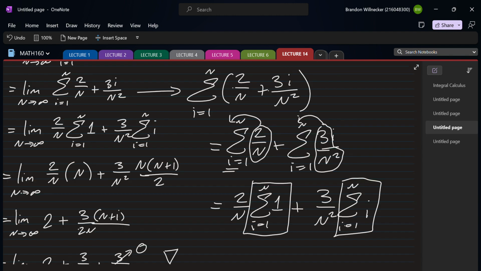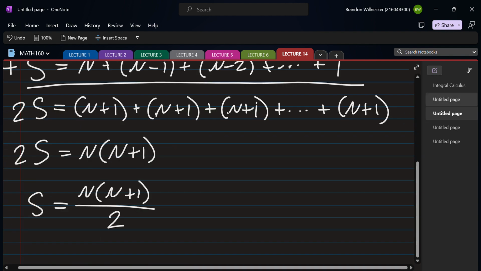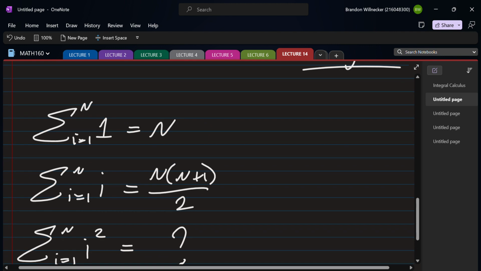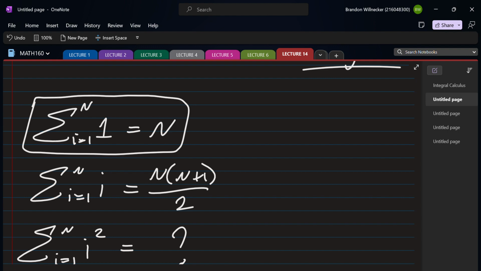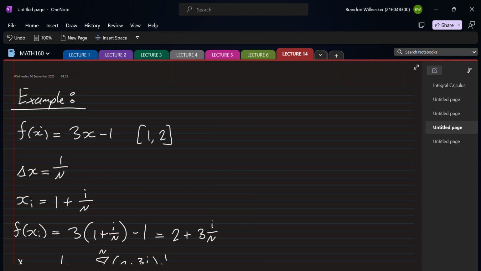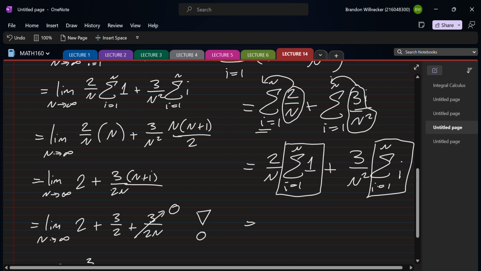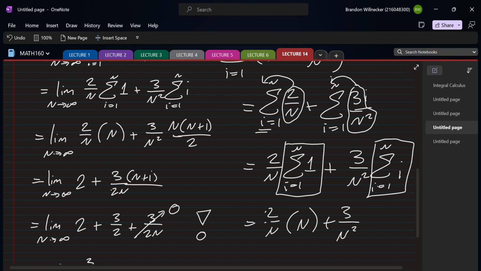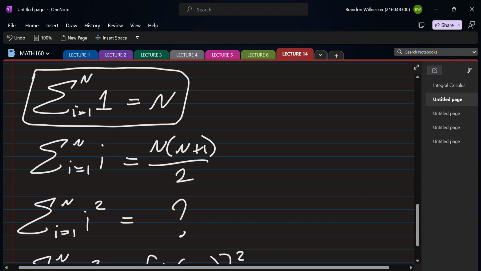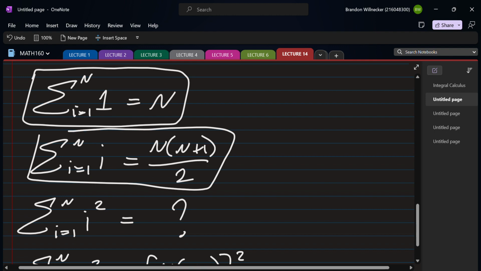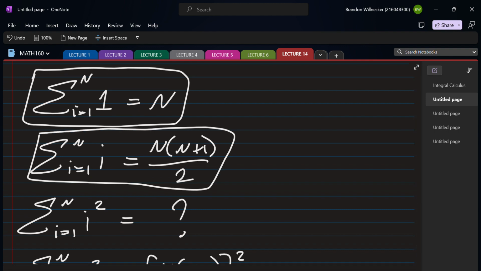If we go back here, so the sum of 1, that's this bit here, I can replace that with n. So I just make the replacements. So that will be 2 over n times n, plus 3 over n squared, and then here, the sum of i, that's n times n plus 1 over 2, I just make the replacements as well.